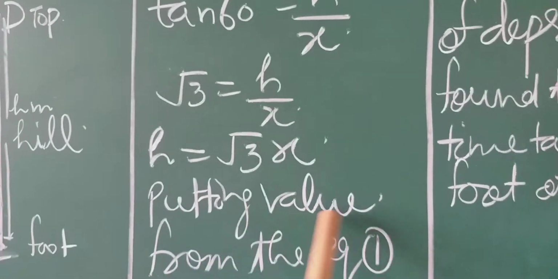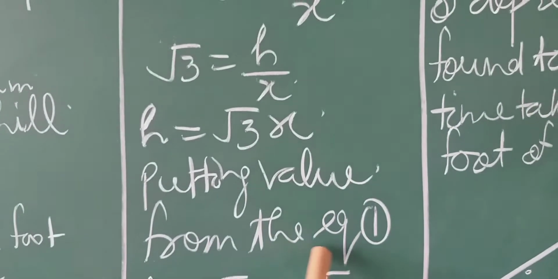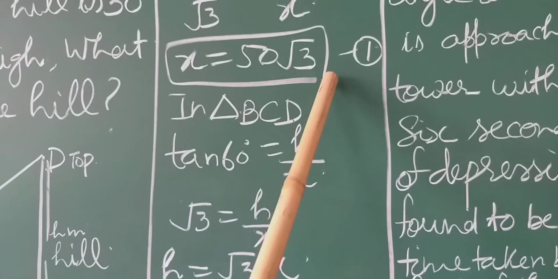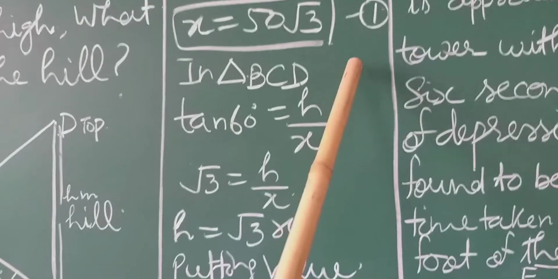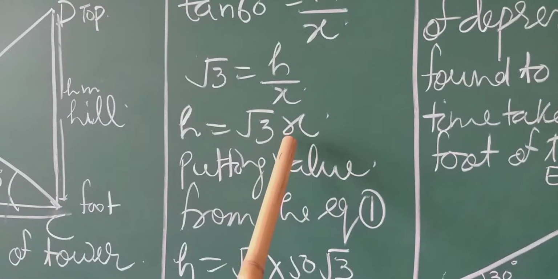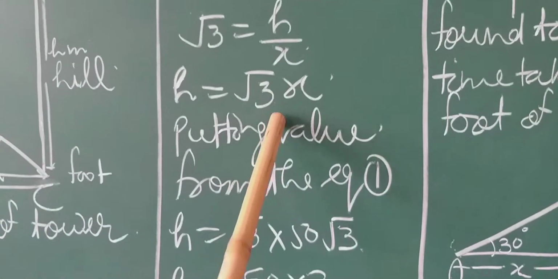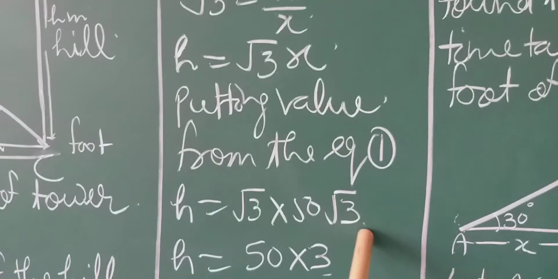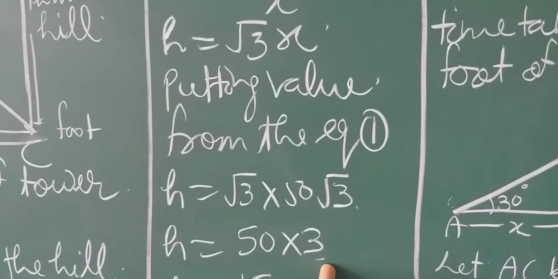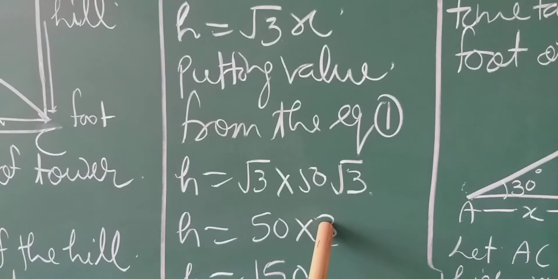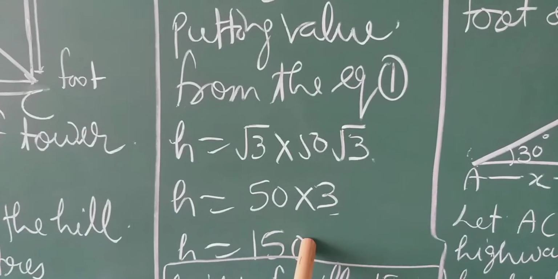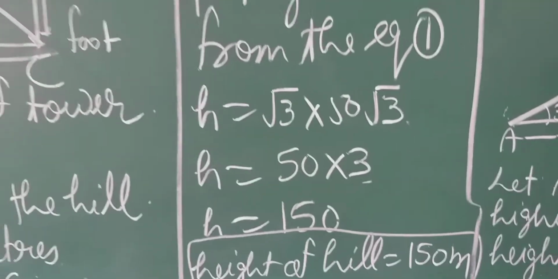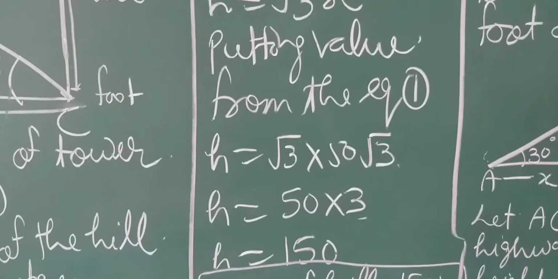Now putting the value from equation number 1, so we are going to put the value of x from equation number 1, it is 50 root 3, so it will be root 3 into 50 root 3, so h equals 50 into 3, so h equals 150. So therefore, the height of the hill is 150 meters.